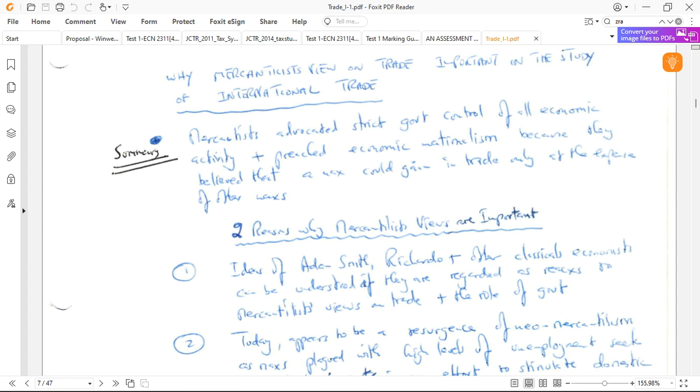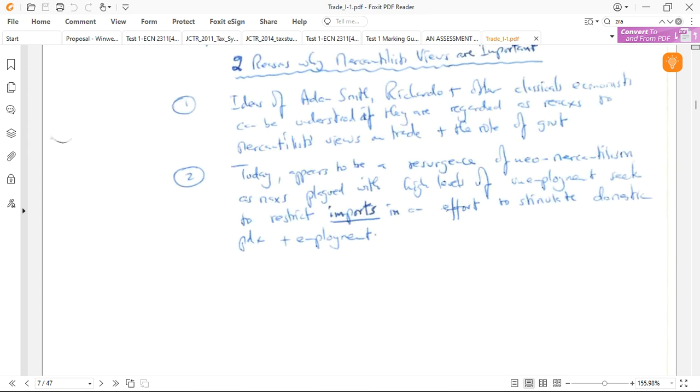But Ricardo is saying, no, that's not right. Both parties can win. So for us to properly understand the arguments of Ricardo and Adam Smith, we must regard them as reactions to what the mercantilists said. So that's the first reason.